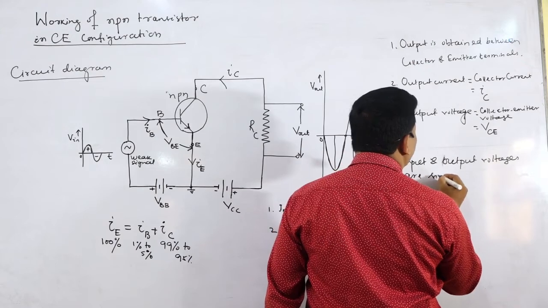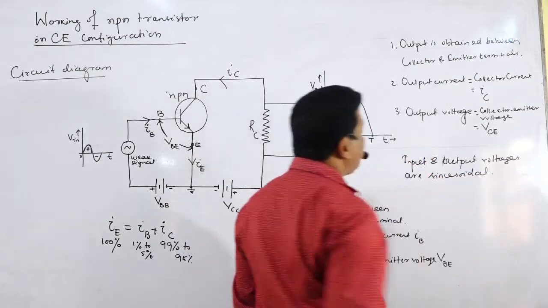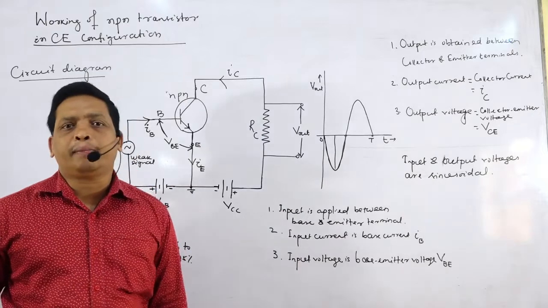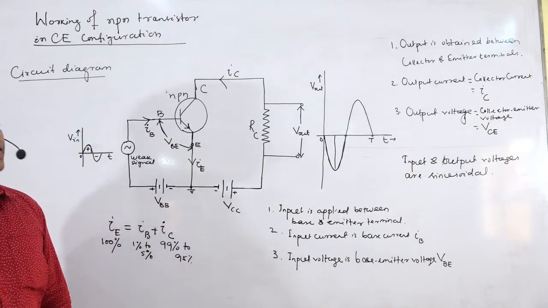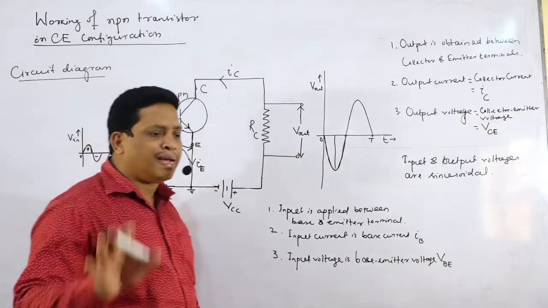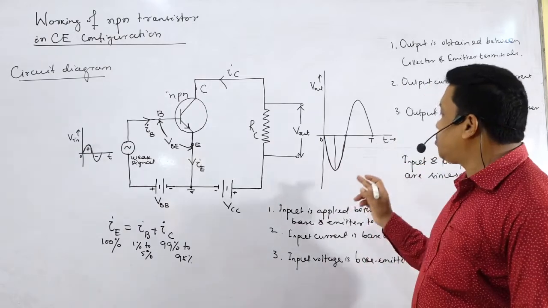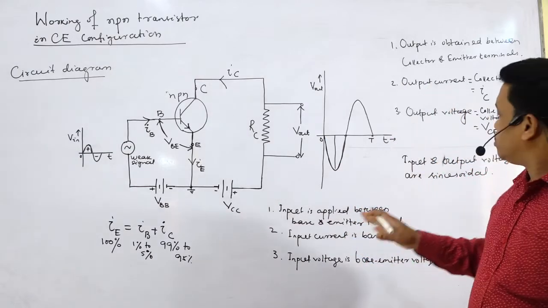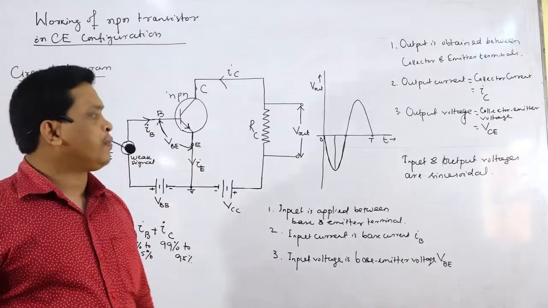Sinusoidal means that it can be represented by a sine function or a cosine function. So mathematically, if an alternating voltage can be represented by sine function or cosine function, then that is said to be sinusoidal. So input and output voltages are sinusoidal.